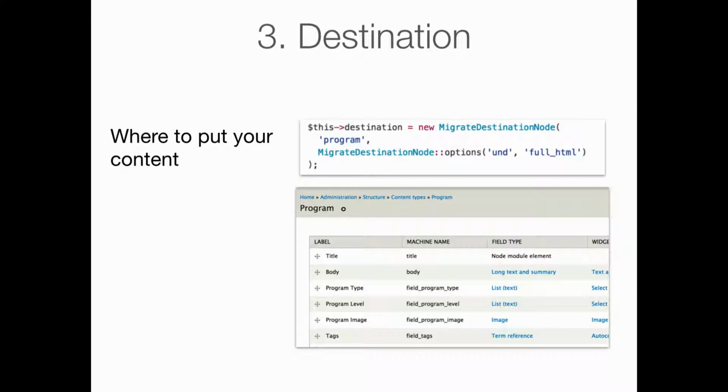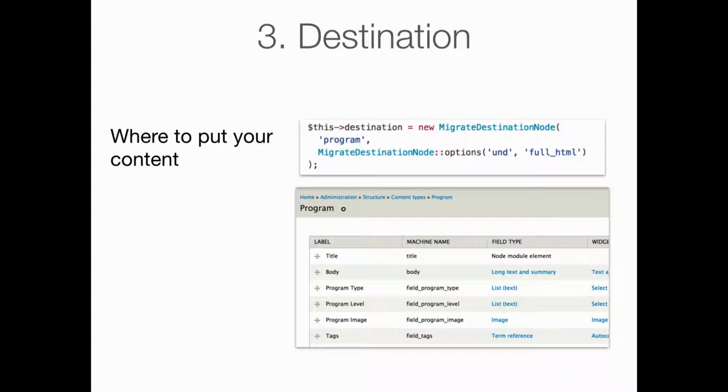And then I need to tell Drupal where to put the content. So I create a destination, and in this case, I'm creating nodes, right? Each of my programs is a node. So I put migrate destination node, and I tell Drupal the name of my content type. So that machine name program that we kept track of earlier, that's what I'm going to put in here.